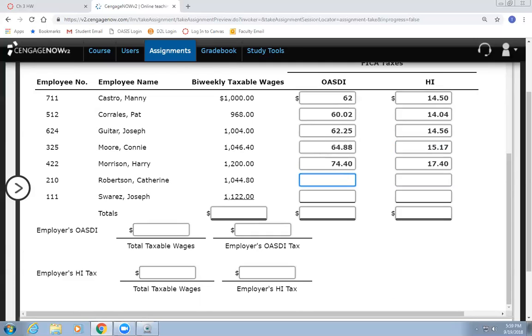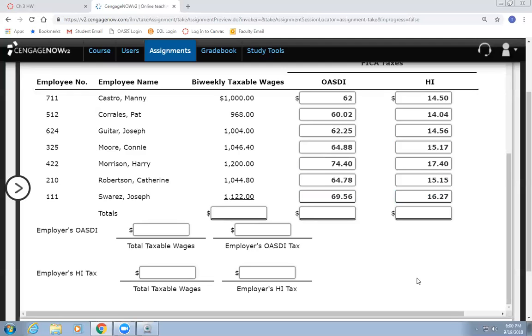So her Social Security contribution should be $64.78, and Medicare would be $15.15. And then our last employee is Joseph S., because there's two Josephs. His Social Security would be $69.56, and Medicare would be $16.27.